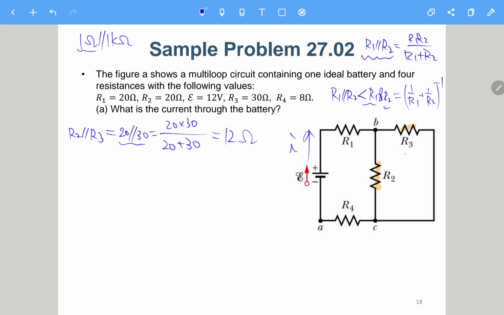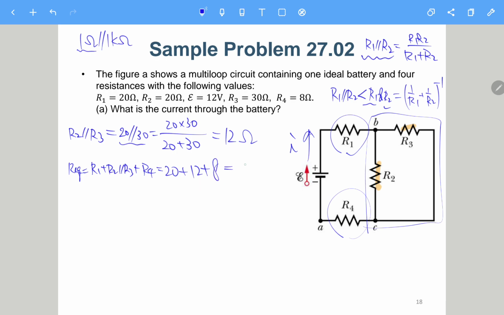So here we know R2 parallel R3, and then we have R1 in series with this R2 parallel R3, and then in series with R4. So the R equivalent will be R1 plus R2 parallel R3 plus R4. So it will be 20 plus 12 plus 8, which is 40 ohm.